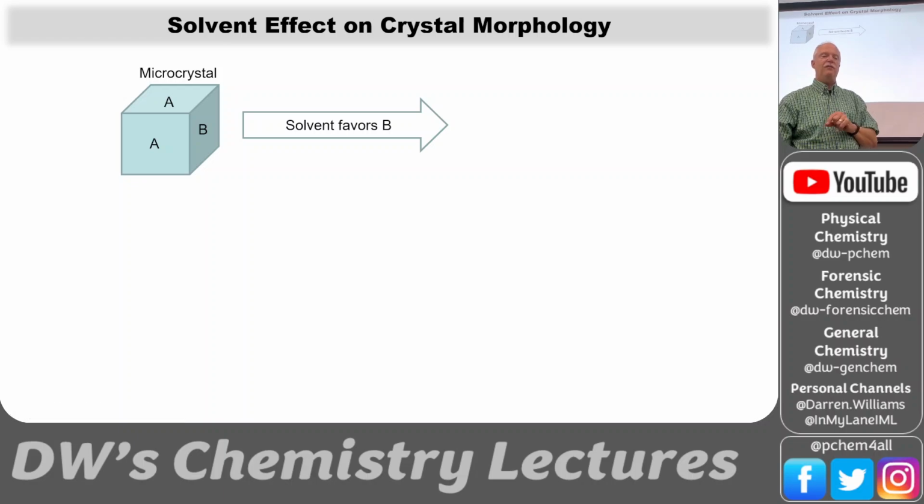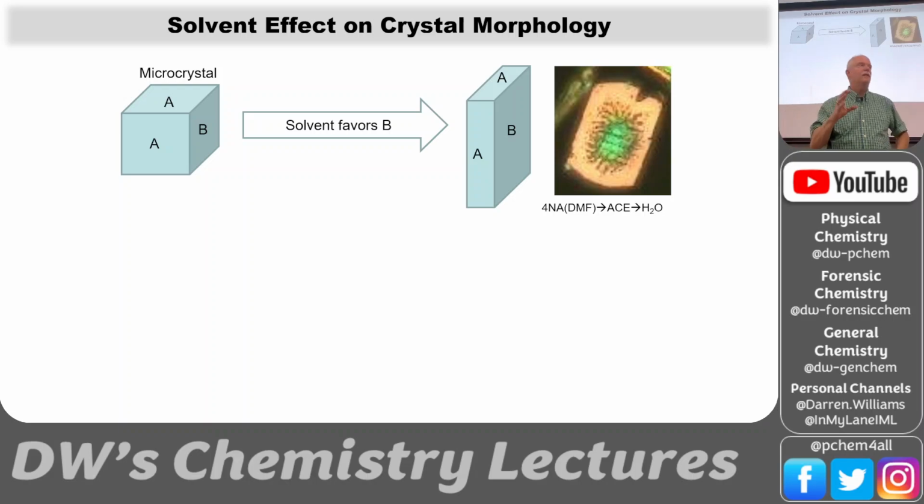So if the solvent favors the B face, let's say we have a hydrogen bonding solvent and the face here on B shows a lot of NH2s or OHs, then the solvent is going to be strongly attracted to B. So that means that the solvent can be pushed away from the A face because it's not as attracted to A. So the A faces are going to grow. So that would produce a plate.